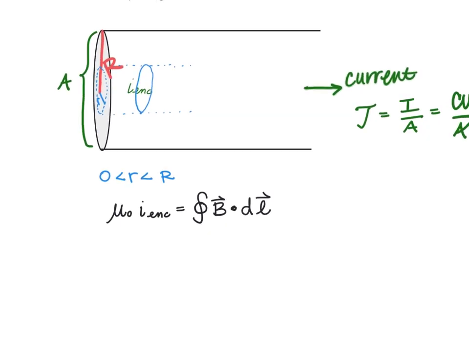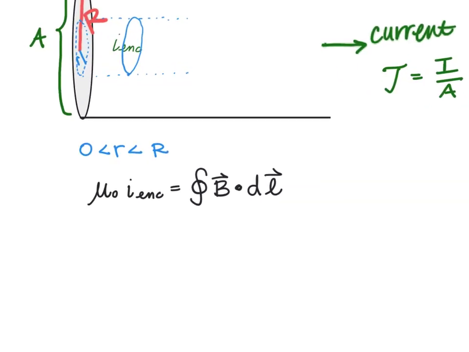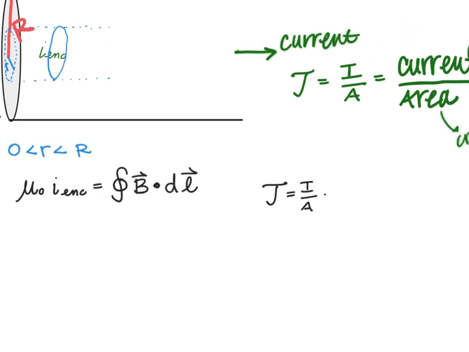So if we use the relationship that the uniform current density is equal to the total current over the area, then the current enclosed would be over the cross-sectional area enclosed.